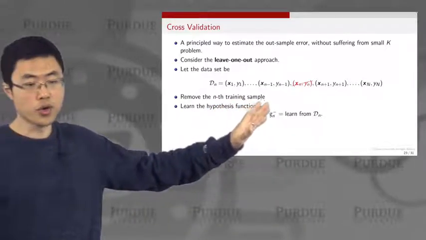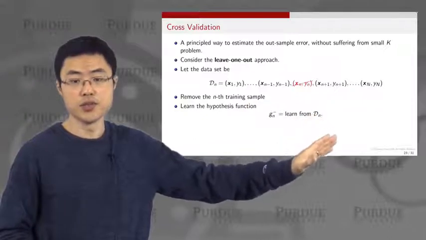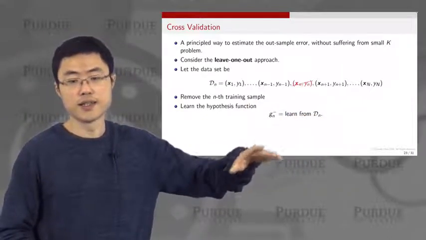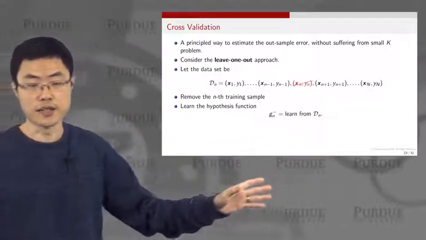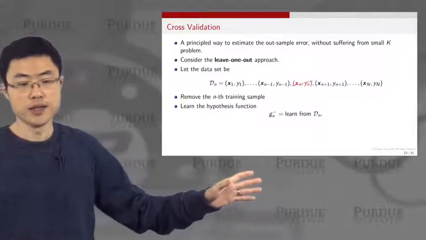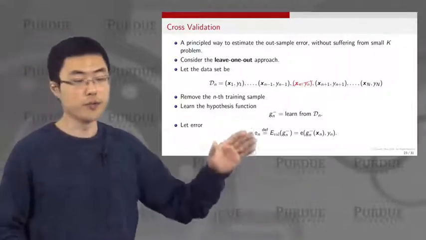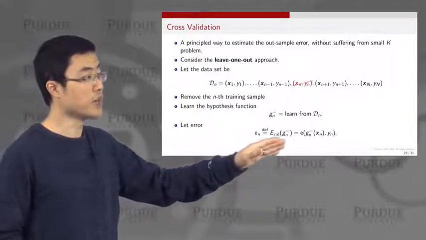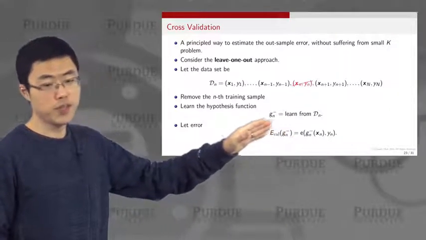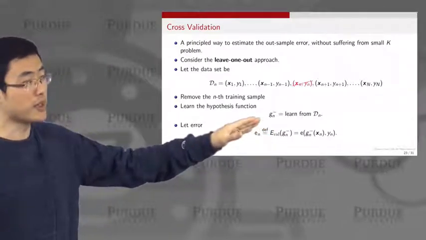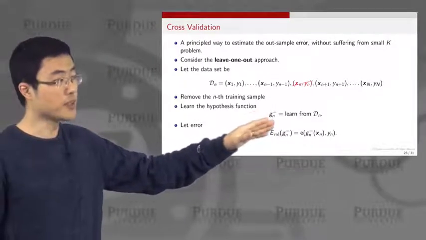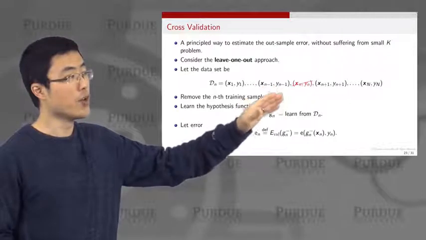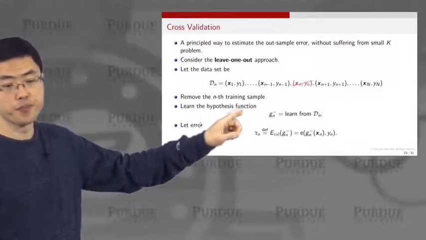And then you're going to learn the hypothesis using the data set that does not contain xn. And then you're going to compute the error. The error will be the validation error with respect to this g minus n, where g minus n denotes a hypothesis learned using a data set without the nth sample.